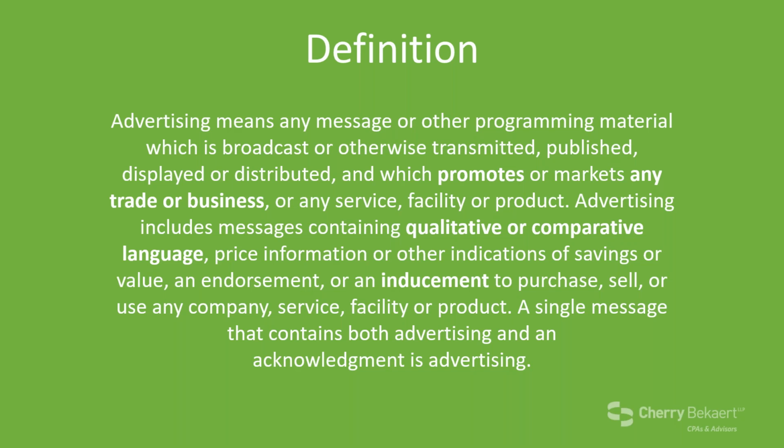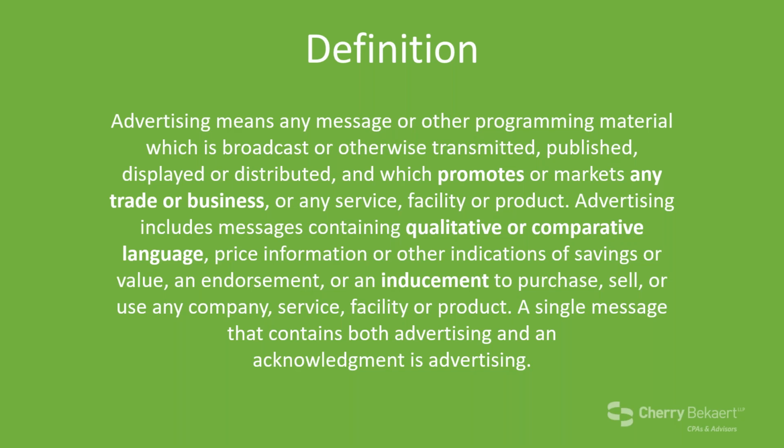Advertising includes messages containing qualitative or comparative language like Bob's Burgers are the best burgers, price information or other indications of savings or value, which would be ABC Furniture will give you the best price. If there's an endorsement, meaning that the organization says we approve of the products of this organization, or an inducement to purchase, sell, or use any company's service, facility, or product.